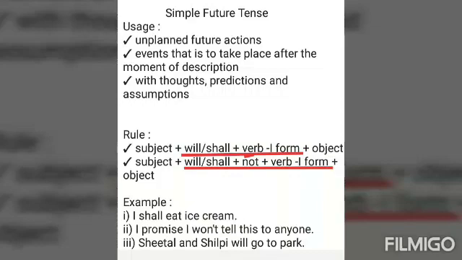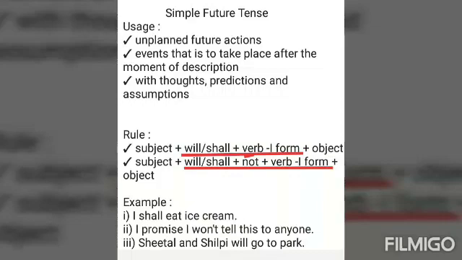For the identification of simple future tense, we'll move to the rules. Subject plus will/shall plus verb first form plus object. And when it comes to negative, we'll have subject plus will/shall plus not plus verb first form plus object.